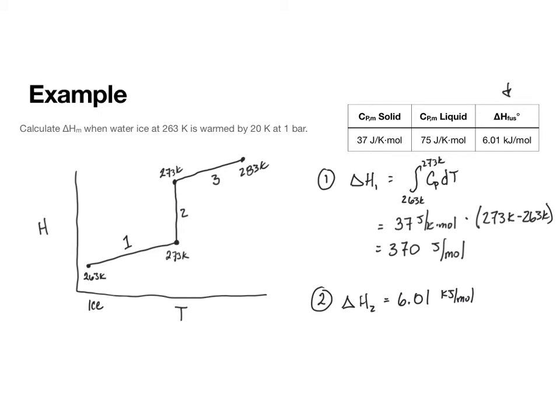Now, since I have step 1 in joules, I'm going to turn this into joules as well. And then step 3 works like it's another heating step. So we're starting at 273 and we're going to 283 for Cp dT.